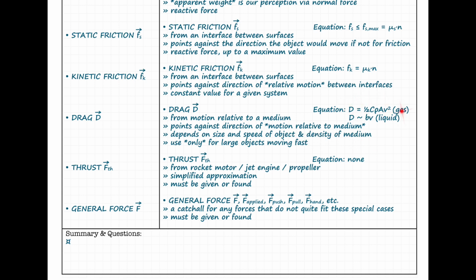The equation that we're going to look at for drag through air is 1/2 times C, our drag coefficient, which is a measure of the aerodynamics of the object, times ρ, the density of the gas that we're pushing through, times A, the cross-sectional area of the object. A larger object has to punch a larger hole through the air, so you'll have more drag there. And v is the velocity of the object as it travels.